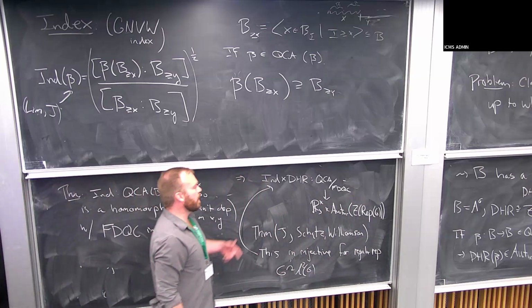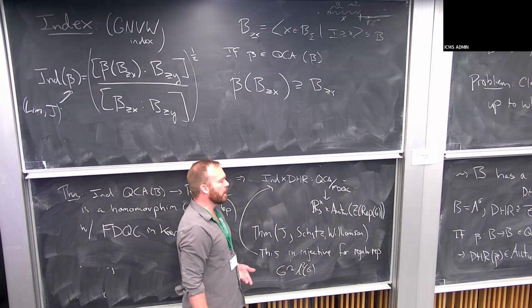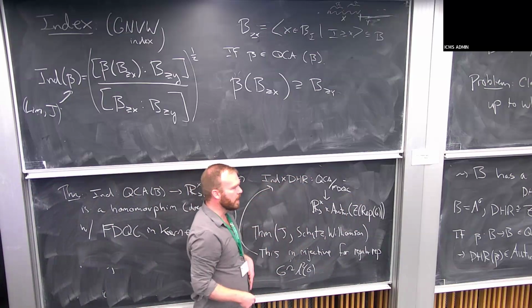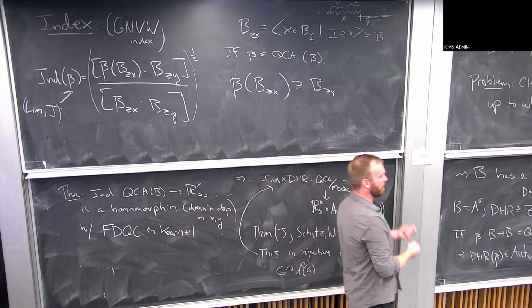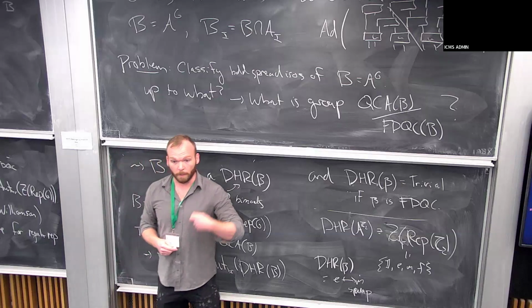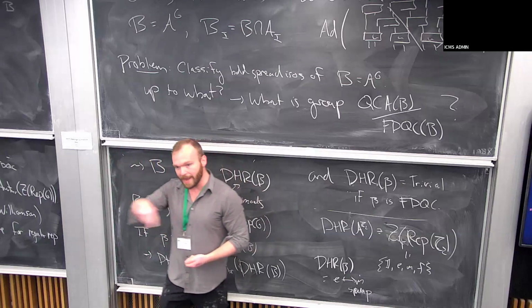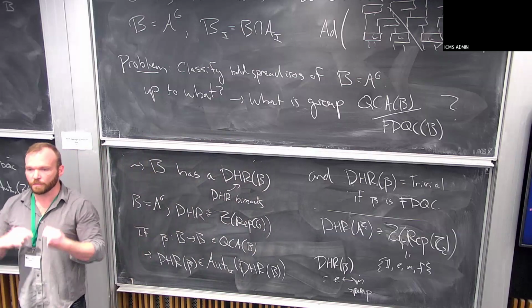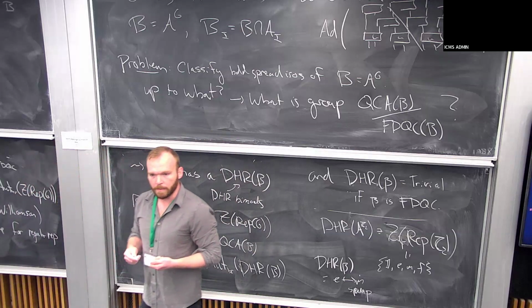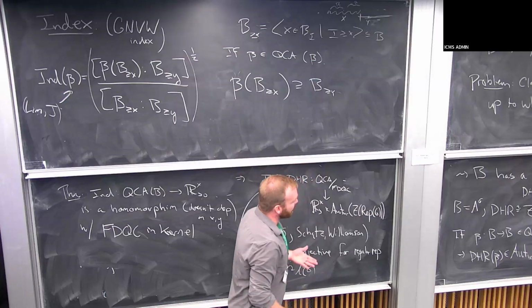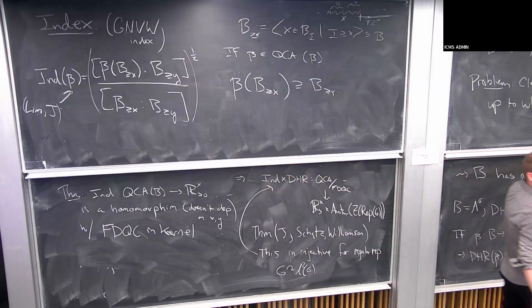And so that means that if you give me two bounded spread isomorphisms of this symmetric subalgebra, two QCA, and you want to tell me, do they differ by a finite depth circuit? Are they in the same coset under finite depth circuits? If you compute its index and you compute the way it acts on the DHR category, and you compare those two things, that will give you an if and only if answer. This result itself doesn't tell you, it would be nice, what's the actual group structure here?